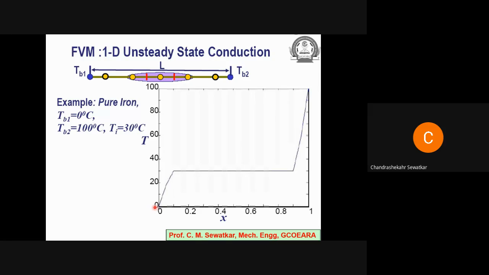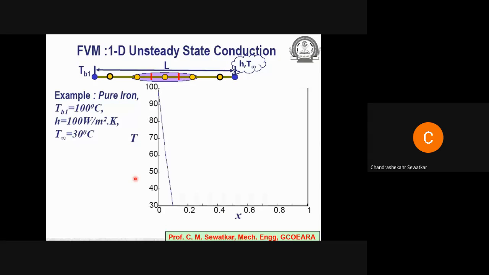But the solution which I'm sharing here is the solution captured at a certain time instant before steady state has reached. And then I can understand how the temperature varies. It varies something like this, which may become a steady state solution when my variation is linear like this.